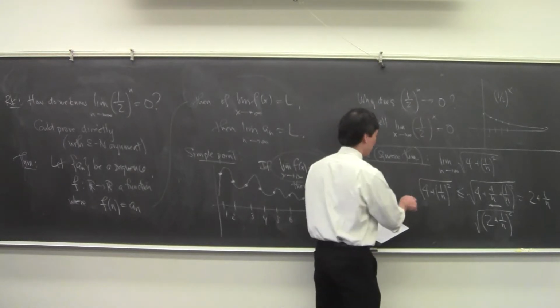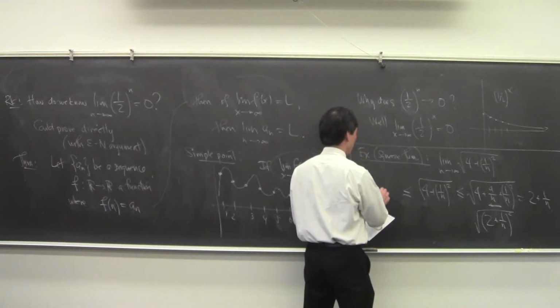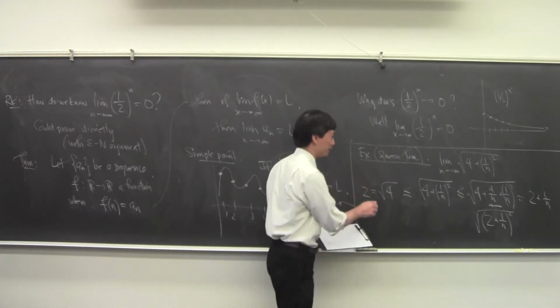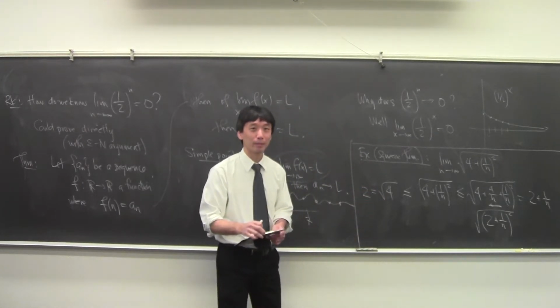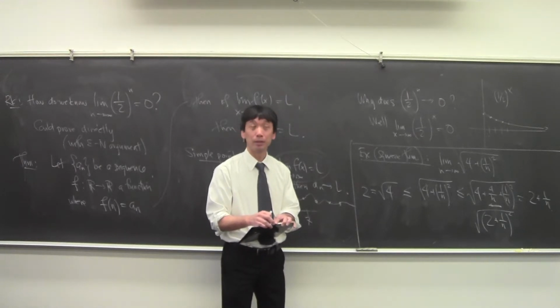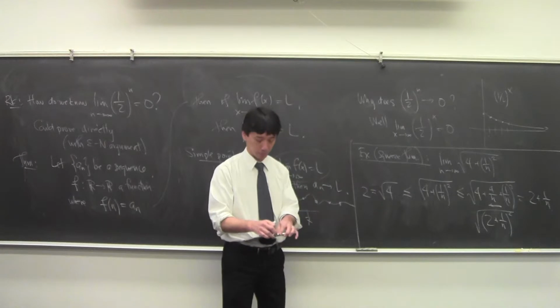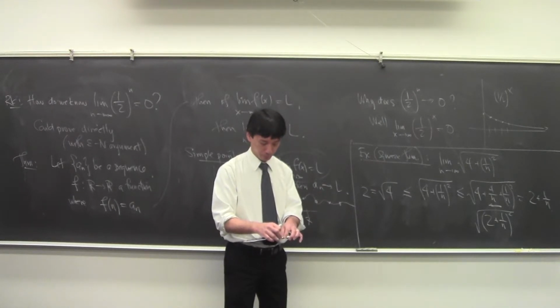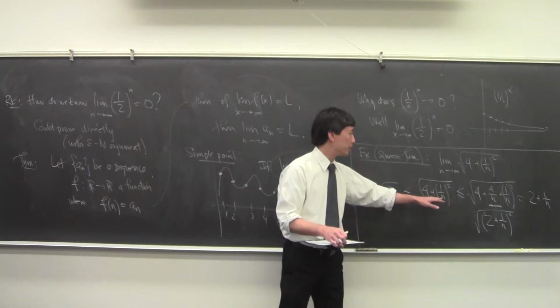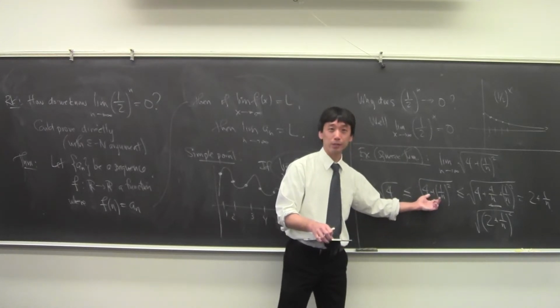Okay. And on the left-hand side, I'm going to find something smaller. That's the square root of 4, also known as 2. Then by the squeeze theorem, this guy in the middle is going to converge to 2.